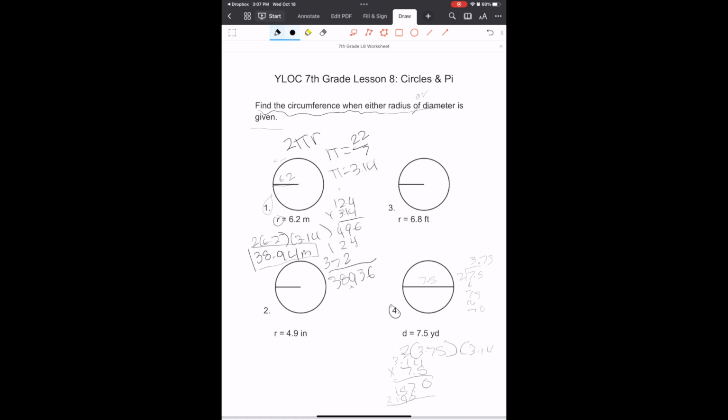Then decimals, 1, 2, 3. So your answer for this would be 23.55 yards.